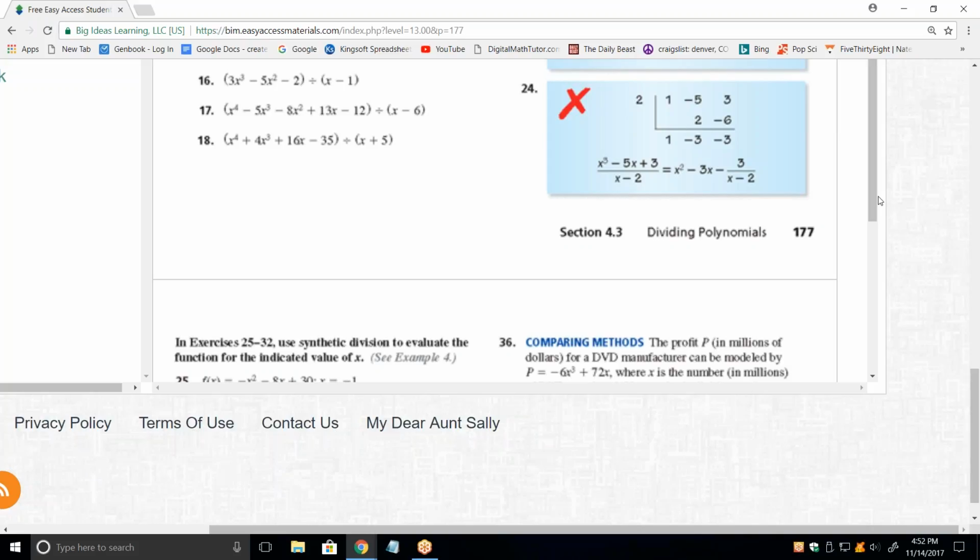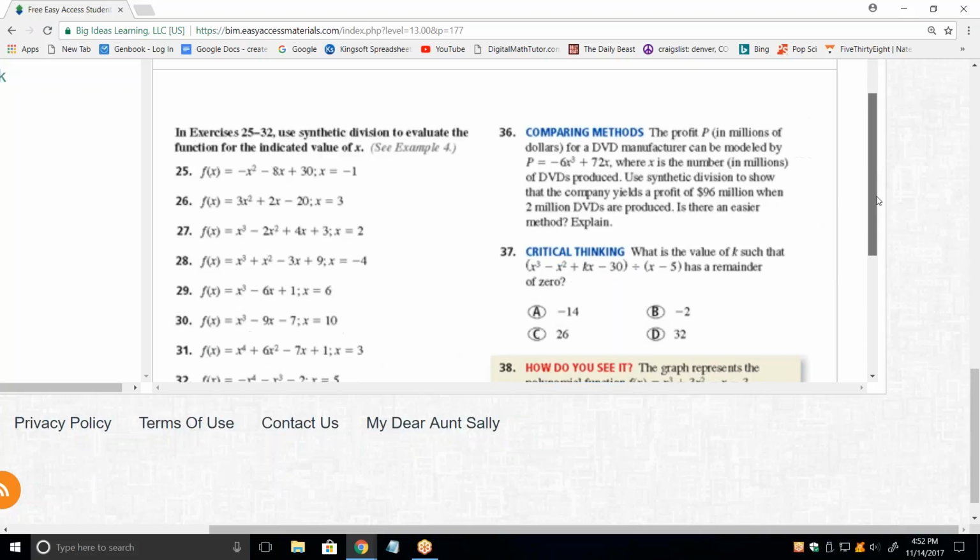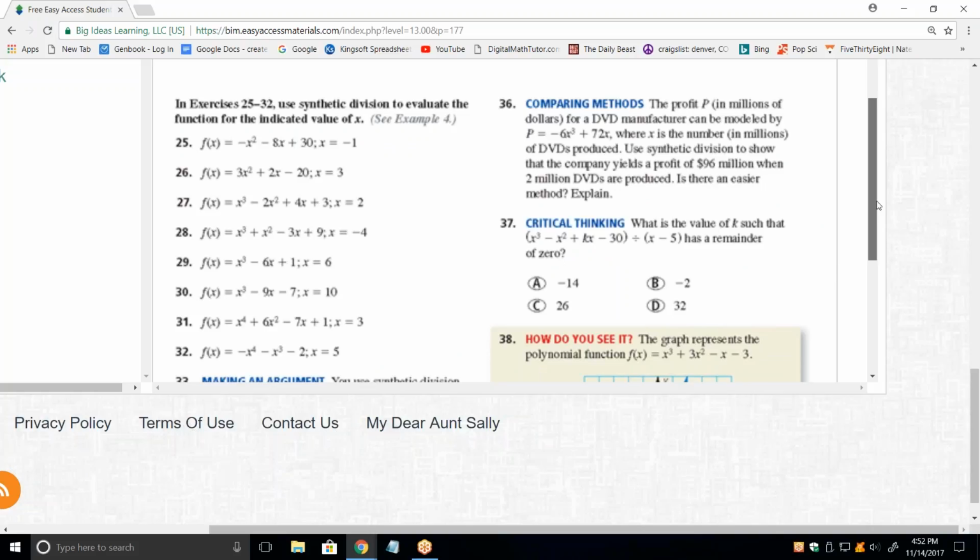Correct. There should be a 0 between the 1 and the -5. Yep. You need a dummy variable for the missing x squared. And 25. Yep. And then that's the last one.